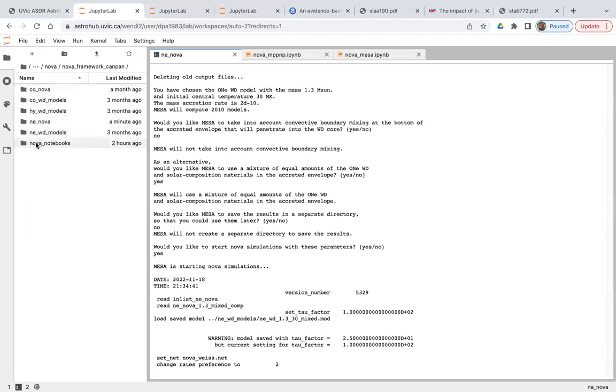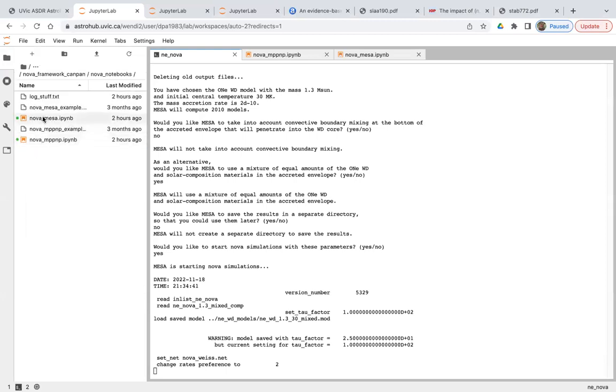But here there is also a directory with nova notebooks, which allow you to analyze results of your computations, both obtained with MESA stellar evolution as well as with the NuGrid multi-zone code. So if I go there, there are 2 notebooks here, which I already turned on.